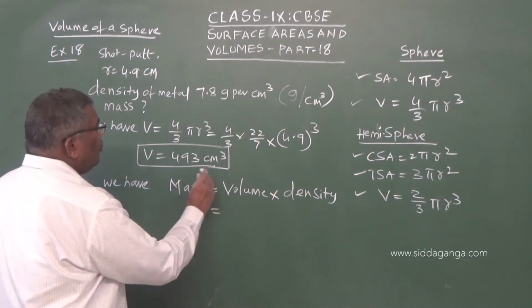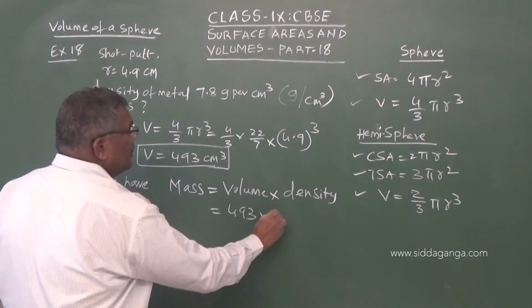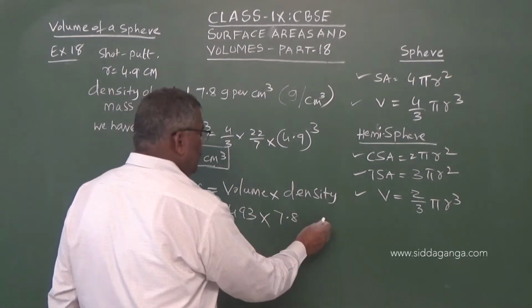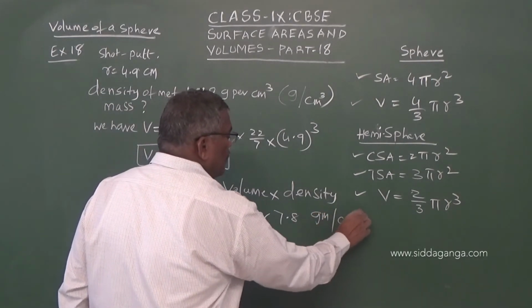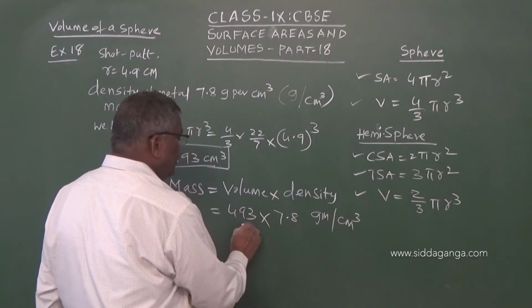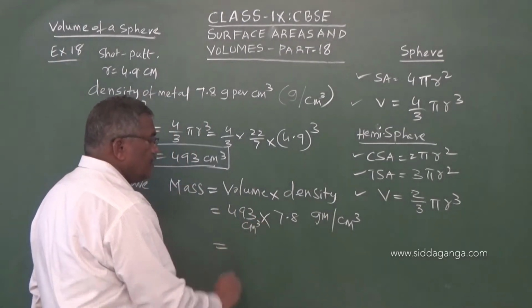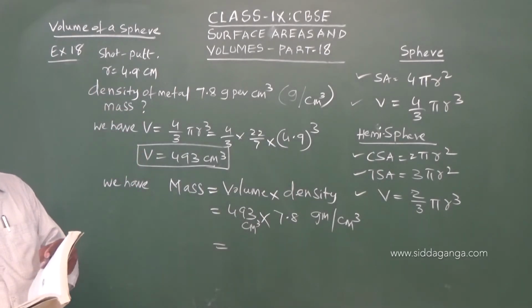Here volume is 493 centimeter cube, into density 7.8 gram per centimeter cube. So this equals 493 into 7.8.